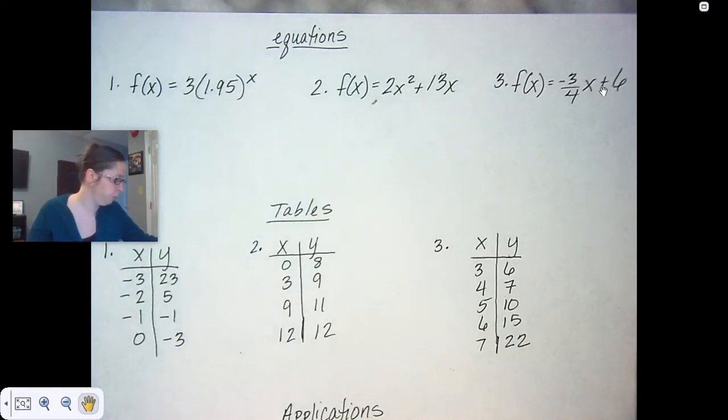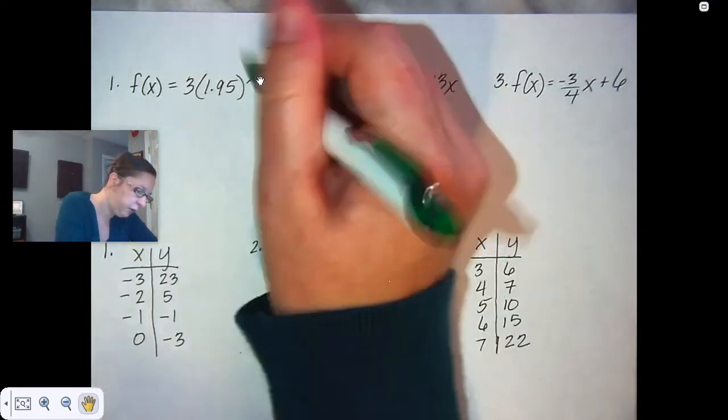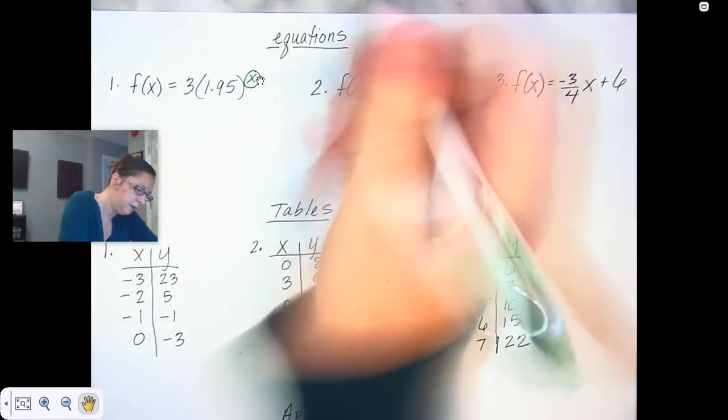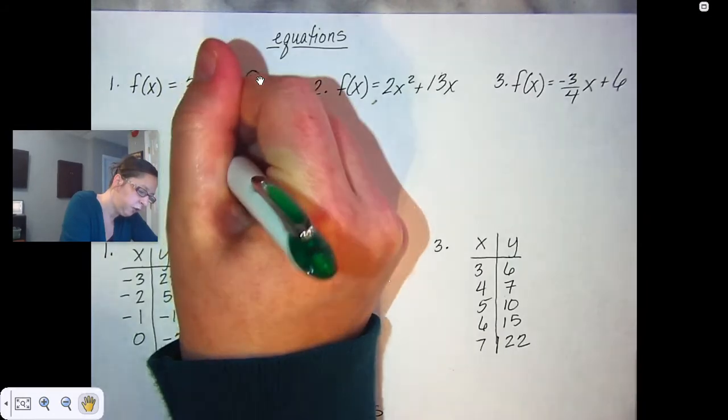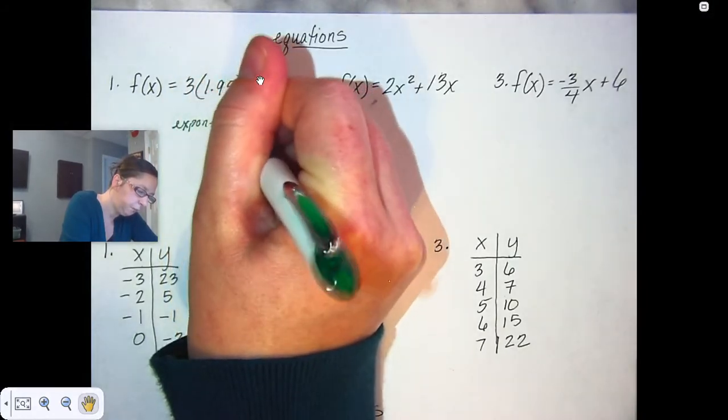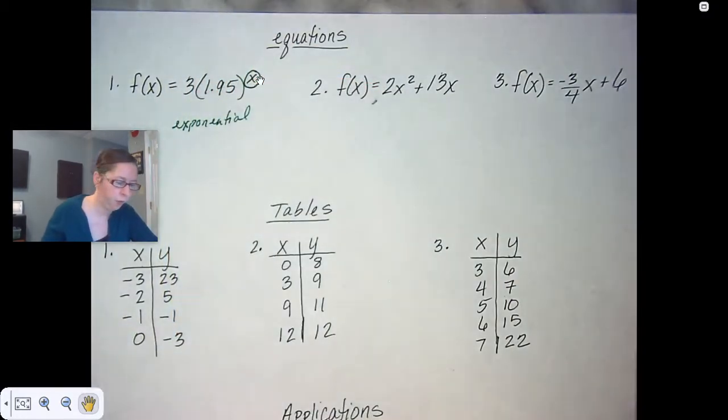Okay, so starting with number 1, I do see an exponent, so I know that it's got to be either exponential or quadratic because it has an exponent. So the exponent in this case is a variable. It is an x, okay, which means that this is exponential. In number 2, I also see an exponent.